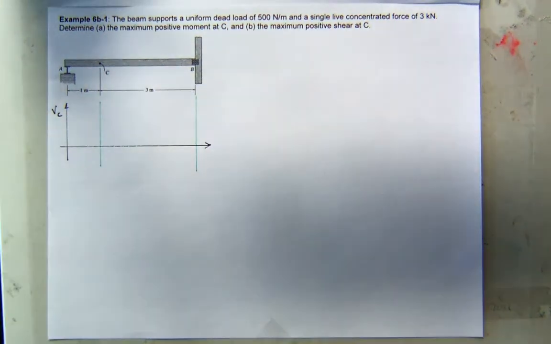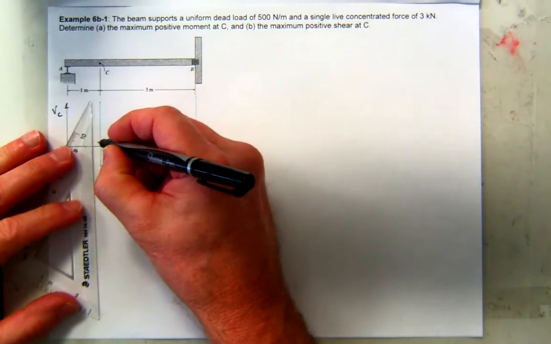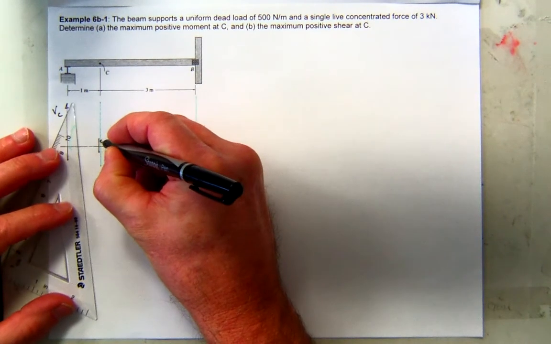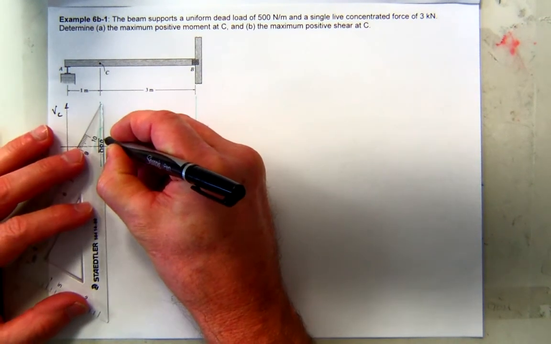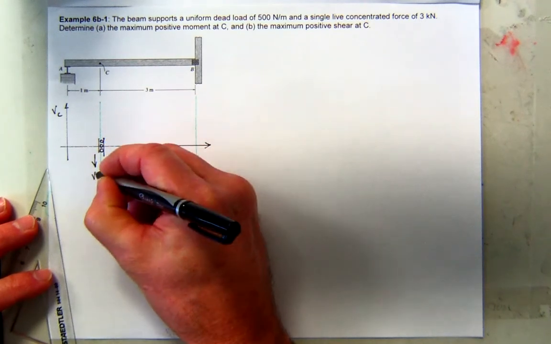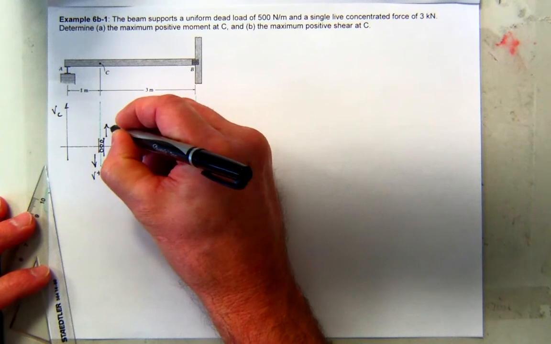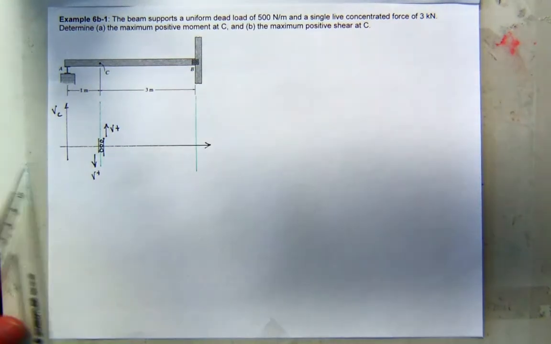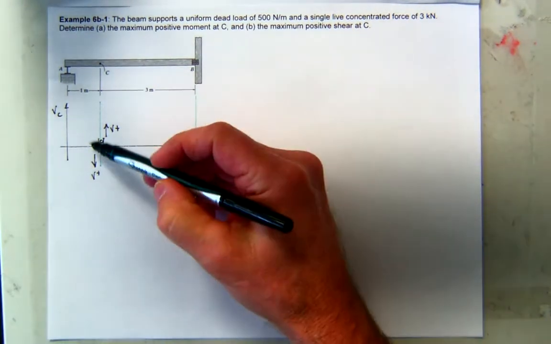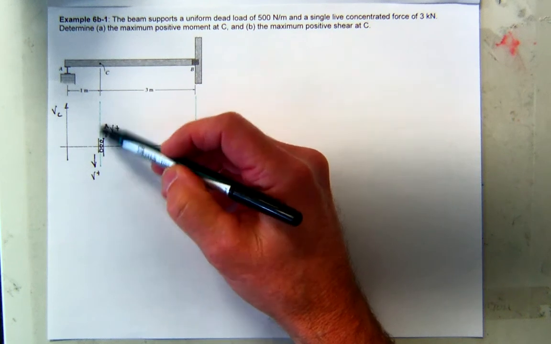Now what we're going to do at C this time is put that little shearless connector in, right? And then I'm going to put positive shear on this side and positive shear on that side. So looking at this left bit, is this left edge going to go up or down?